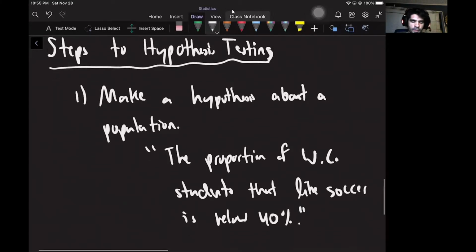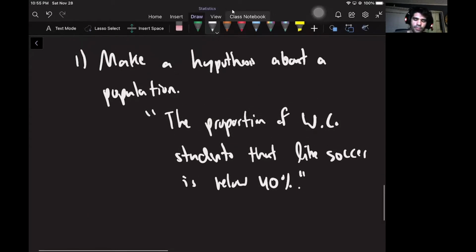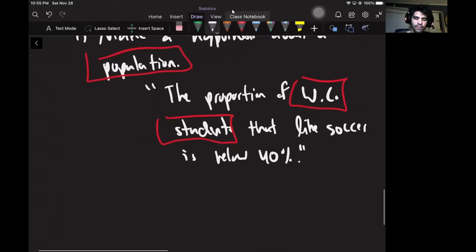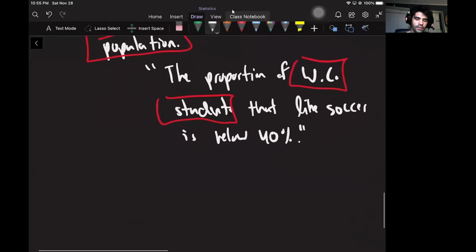So this is a hypothesis about the population being Whittier College students in this situation. And then I want to know if it's valid or not. I want to think about, like, does this hypothesis make sense?